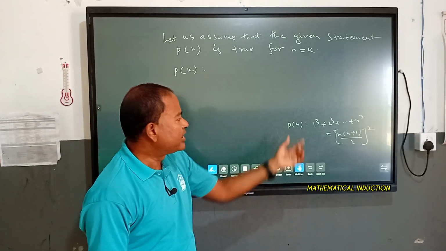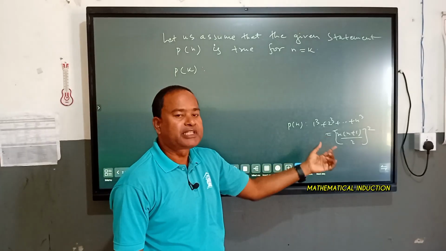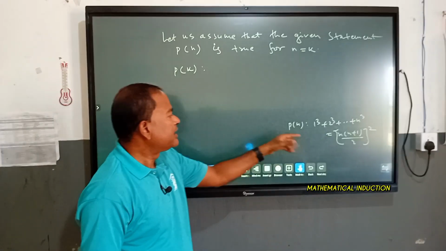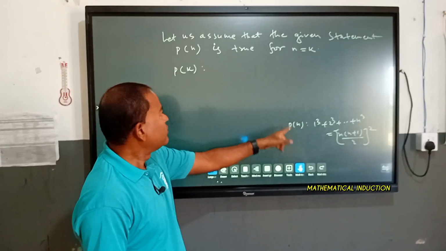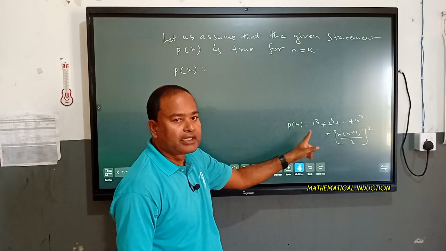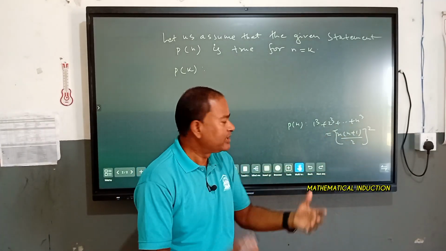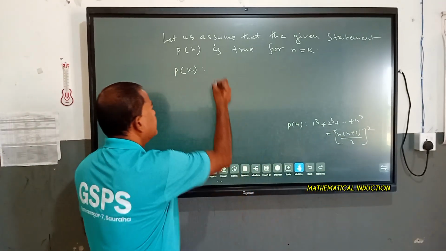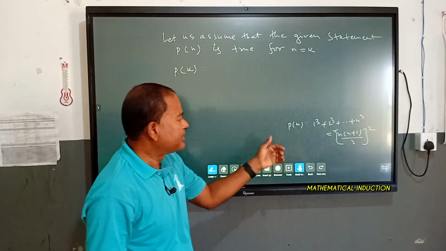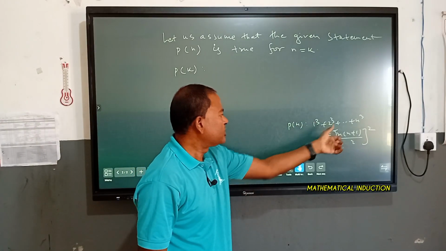So now we have to assume that our statement is true for n equals k. If we put n equals k in our given statement, then we'll get Pk.